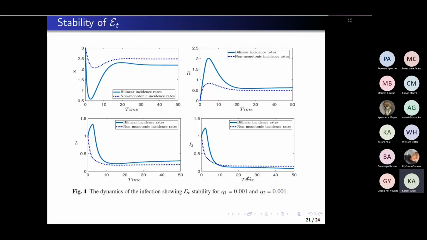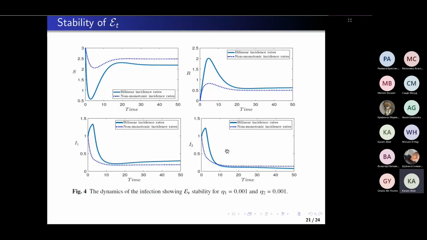And here the last numerical results concern the dynamics of the infection, showing the both strains endemic equilibrium stability, which means that eta1 is equal to 0.001 and eta2 is equal to 0.001. So for all the curves, it's persistence for the first strain and the second strain.